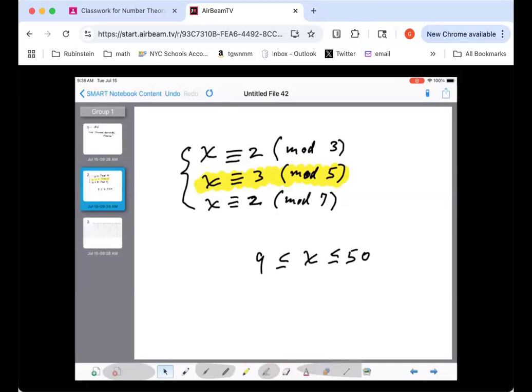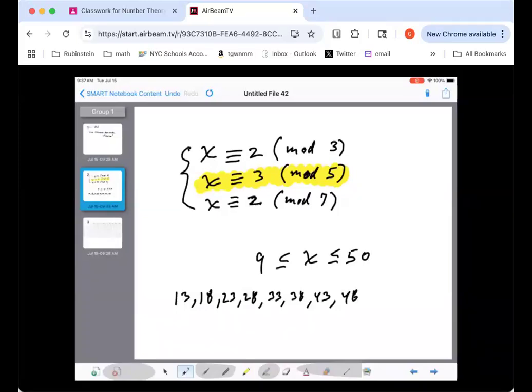And yes, when you divide by 5, the only way to get remainder 3 is if you end in 3 or 8, because 5 is a factor of 10. 13 is a possible answer, 18 is a possible answer, 23, 28, 33, 38, 43, and 48.